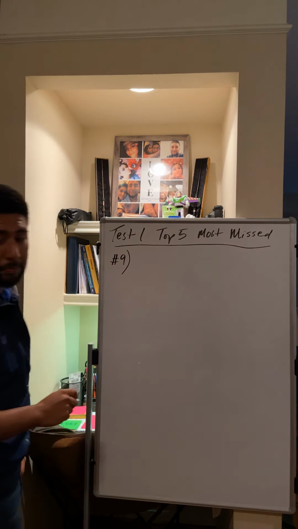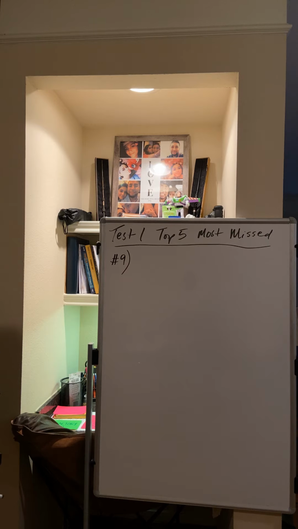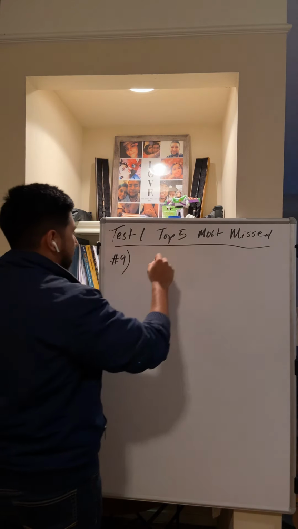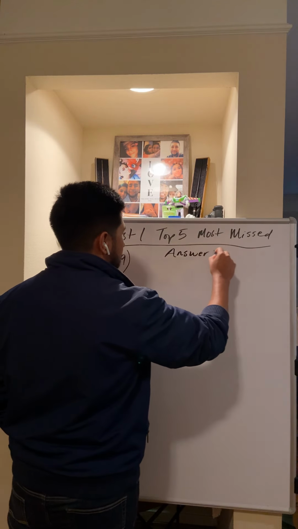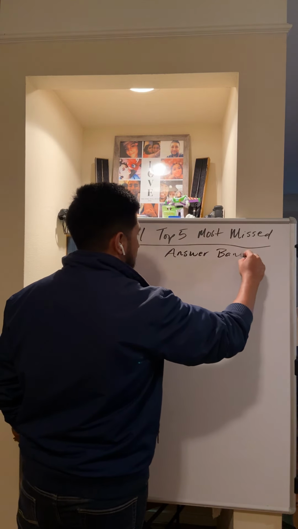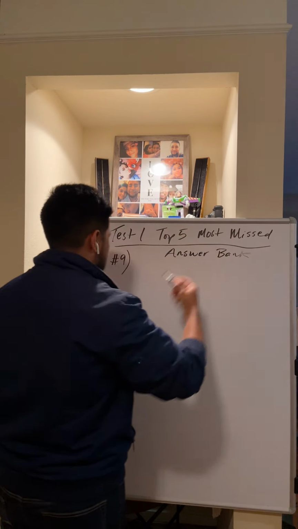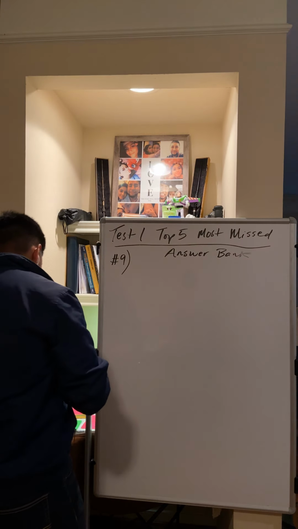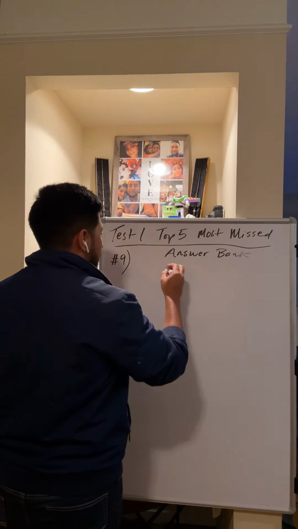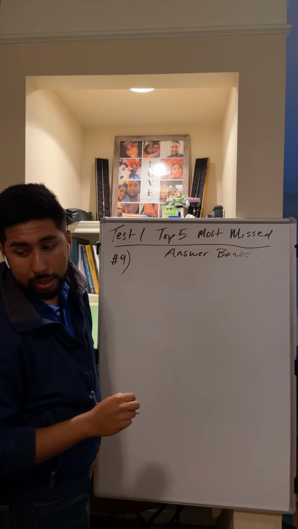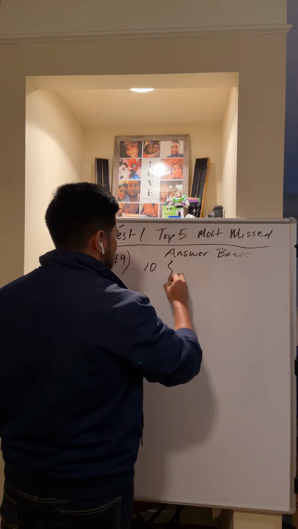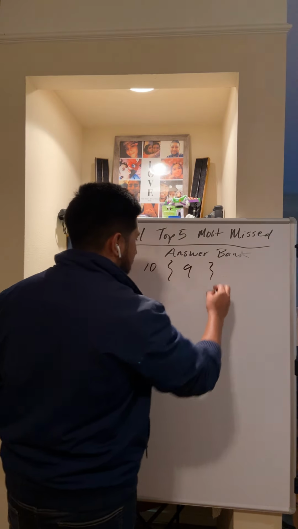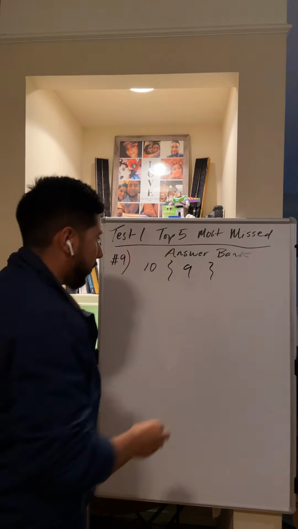Number 9. This was a matching. I'm going to give you the answers up here. So let's say this is the answer bank. The answer bank was 10, 9, 5, and 4.